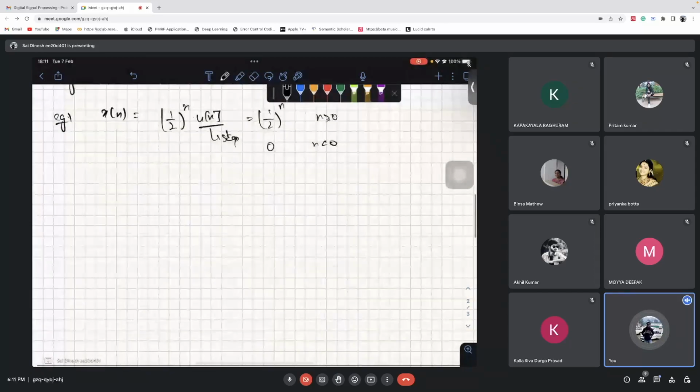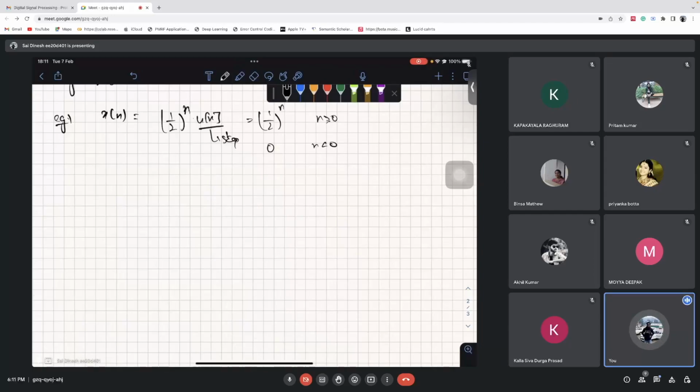Here it is a monotonically decreasing signal because 1/2 is less than 1. If we find the summation, E infinity, equal to the sum over n from minus infinity to infinity of x(n) whole square, which is the sum of (1/4)^n over all n, which is equal to 4 by 8, I suppose, if you do the geometric progression here.